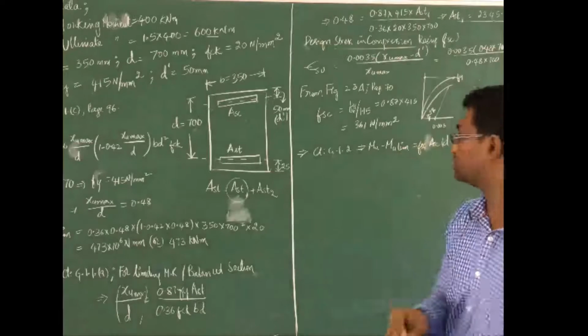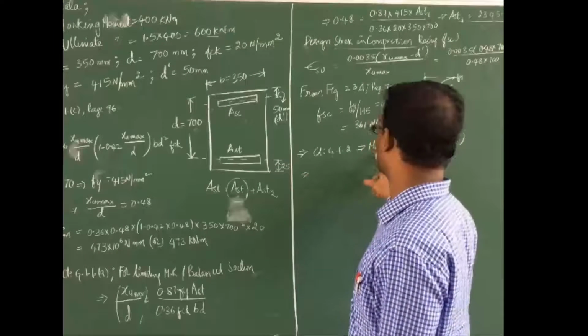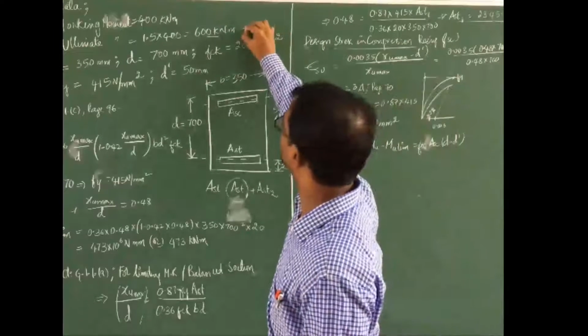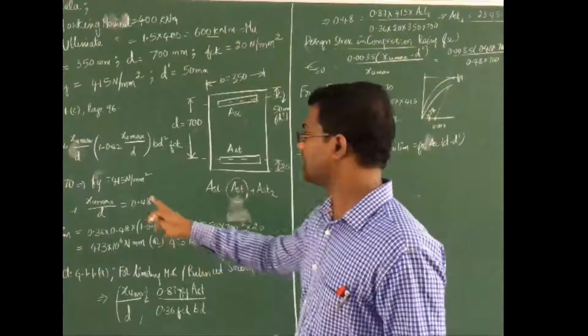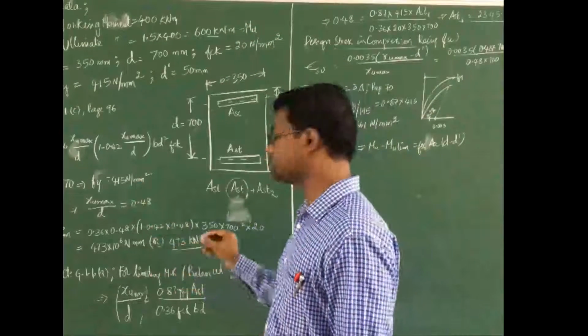It is given in the code book. So Mu is here, Mu lim is this value, right?